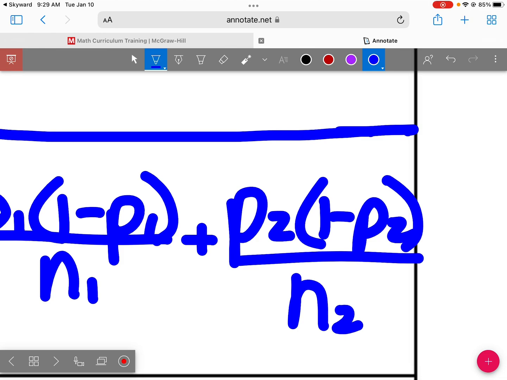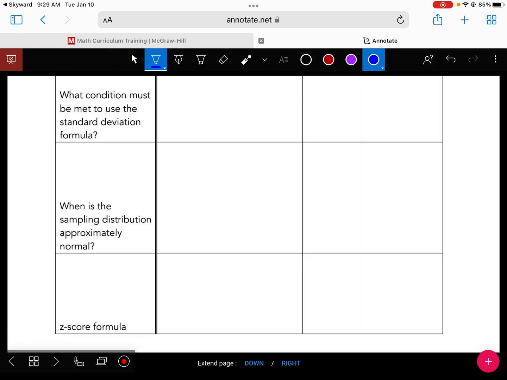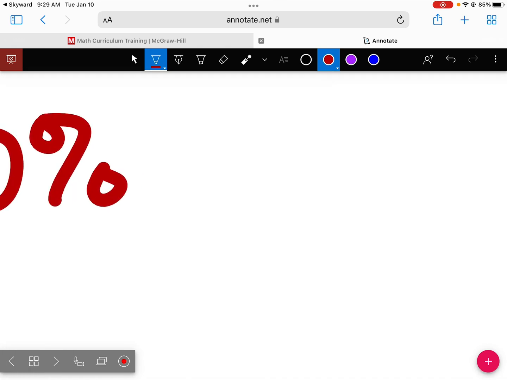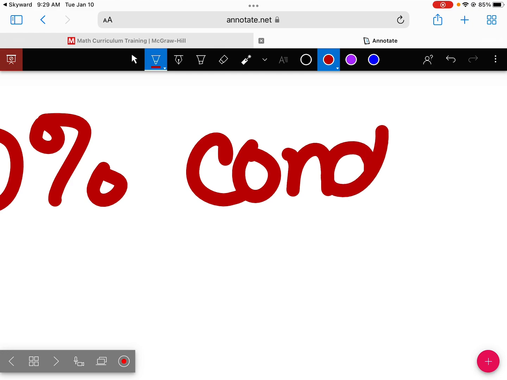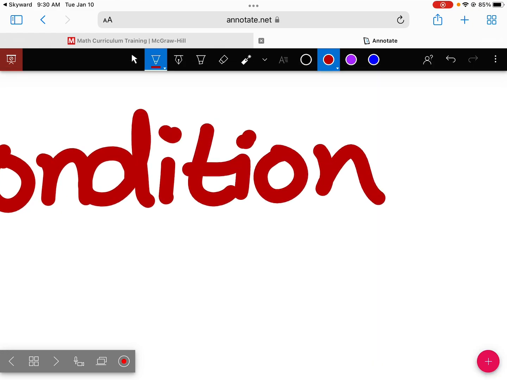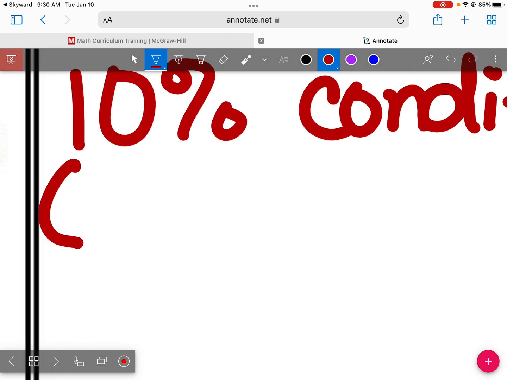We're not checking for normality with our 10% condition. We're checking for independence. So what condition must be met? The 10% condition. Important for independence.